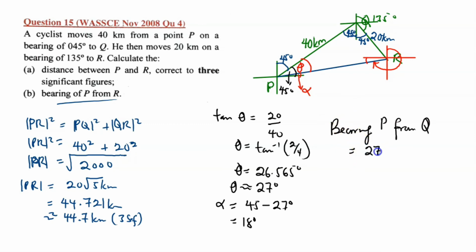So 270 degrees minus 18 degrees gives us a value of 252 degrees. So therefore, the bearing of P from R is 252 degrees.